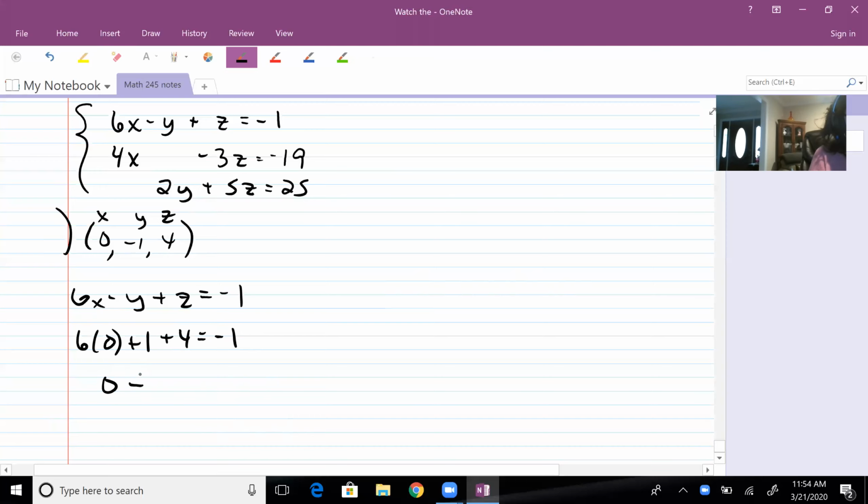So that's a 0. We'll add the 0, the 1, and the 4 together for a 5. Left side didn't equal the right side either, so this is not a solution to the system of equations either.